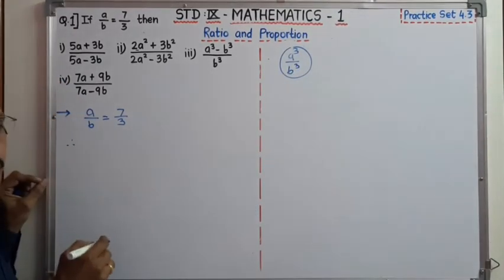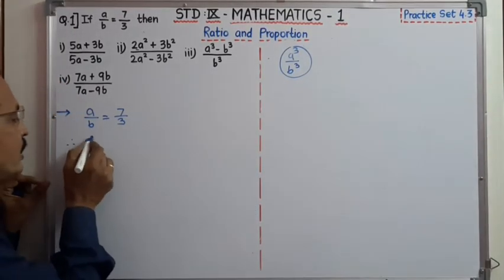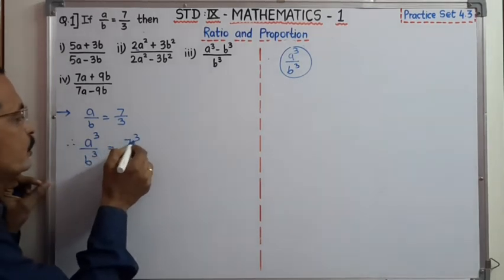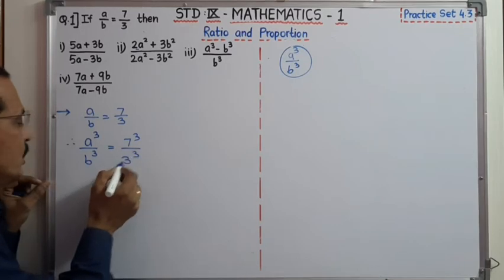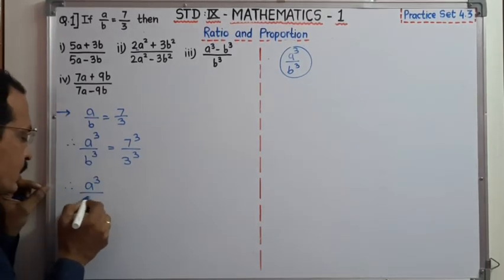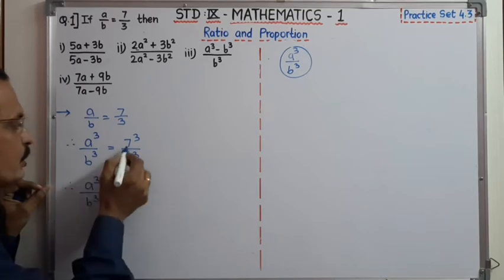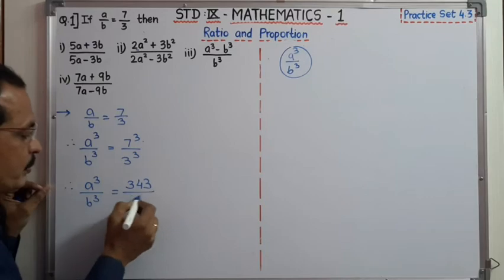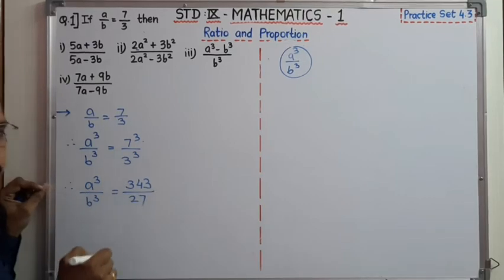Now we require a cube upon b cube. Therefore, by taking cube of both sides, we write here a cube upon b cube is equal to 7 cube upon 3 cube. Therefore, dear student, a cube upon b cube is equal to cube of 7, which is 343, divided by 27.